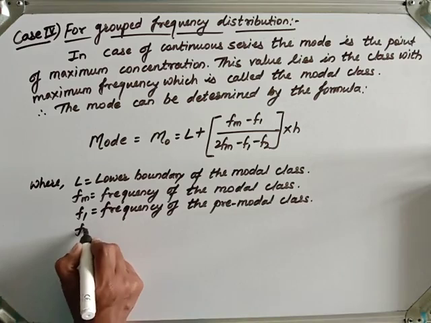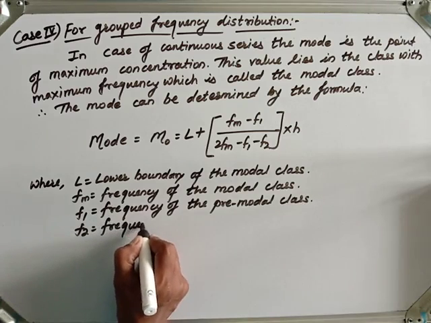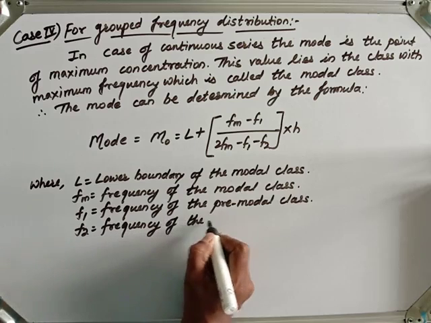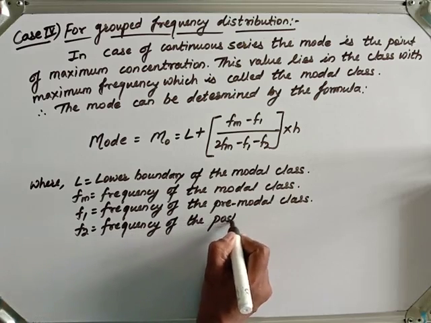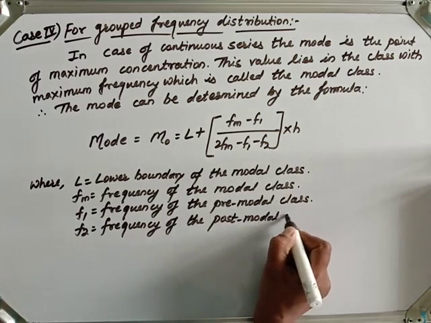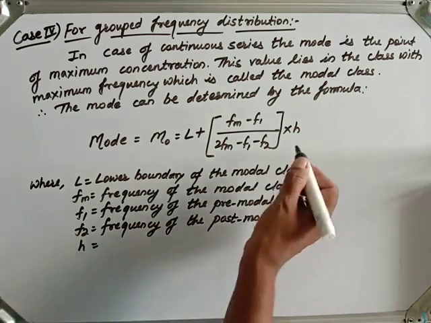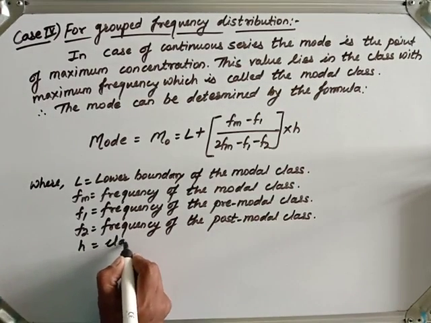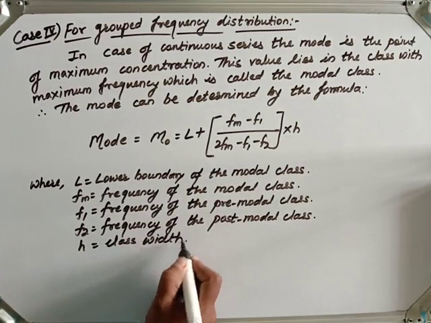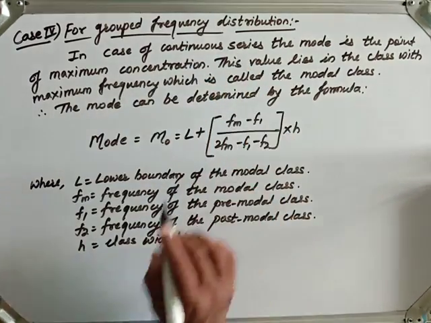Then f2 is the frequency of the post-modal class. And one more term h is known to you. h is the class width of any class. It will be the same as it is a continuous series distribution.